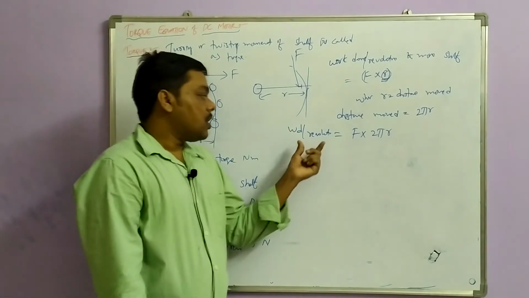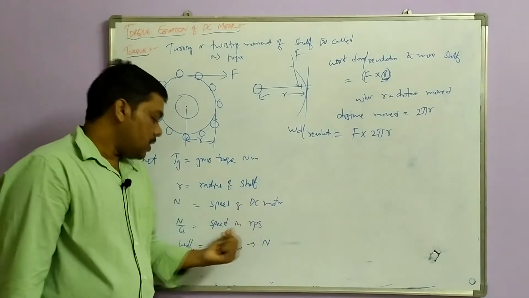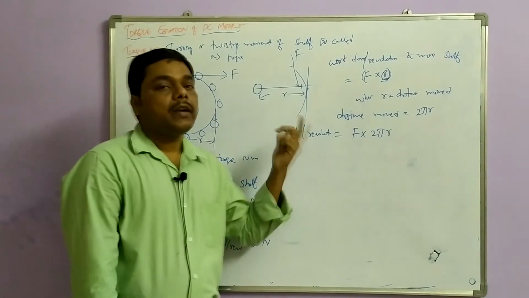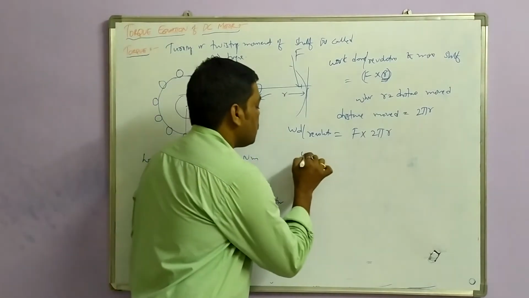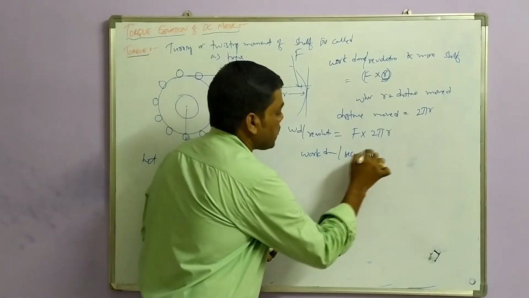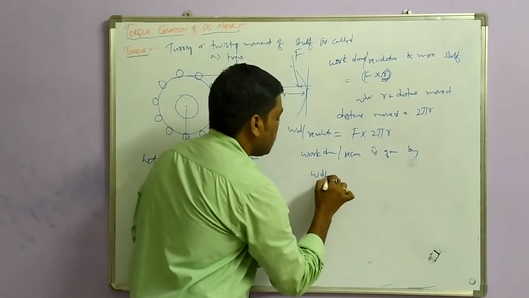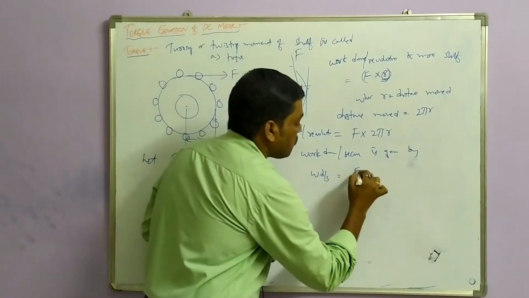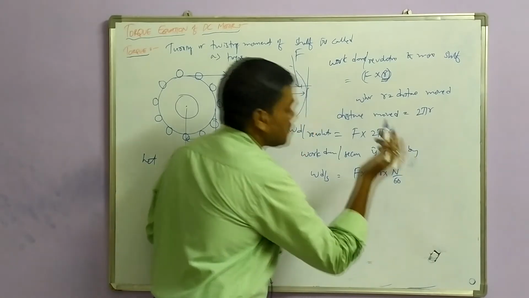The number of revolutions is n, but I want to calculate in terms of seconds. Work done per second is force into 2 pi r into n by 60.